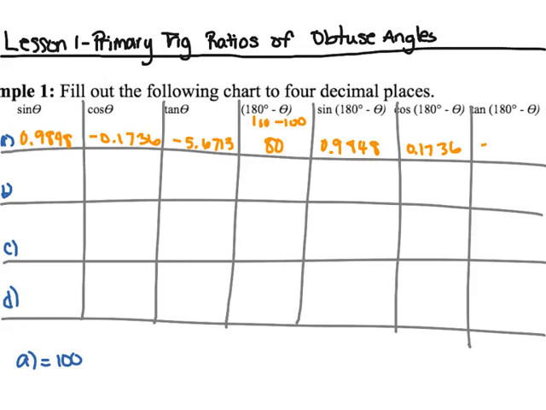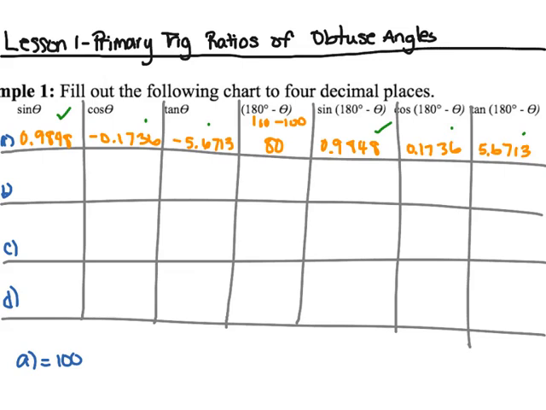Tan, you get 5.6713. So if you look at this, you should notice that your sine values are exactly the same. Your cos values are the exact same but the opposite sign, and as well as your tan. So you should find that happens with every single one of our degrees.